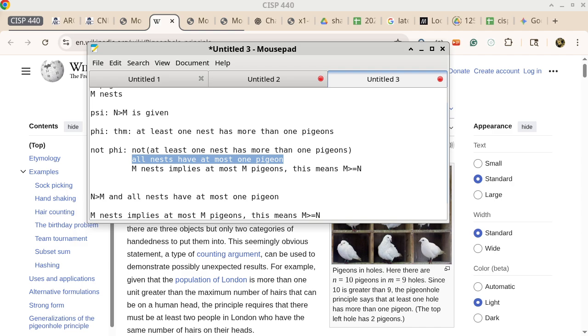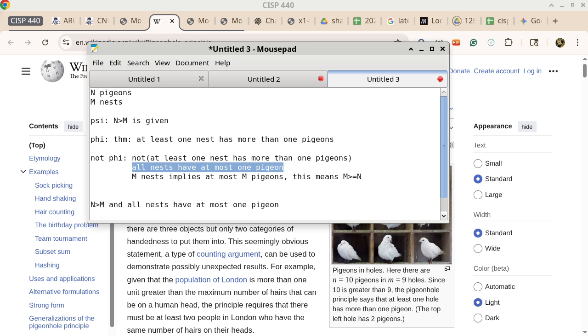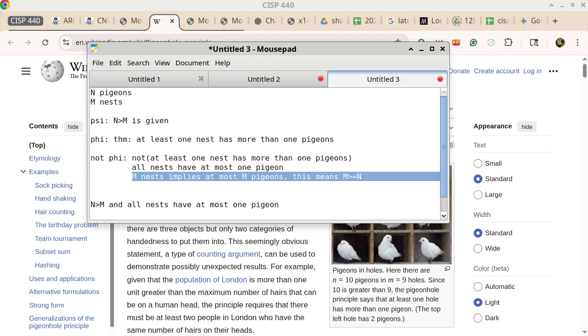Using the mathematical symbols that we have talked about here, the number of pigeons is n, and the number of nests is m. If all nests have at most one pigeon, it also means that m nests means at most m pigeons, because there are only m nests, and each one has at most one pigeon.